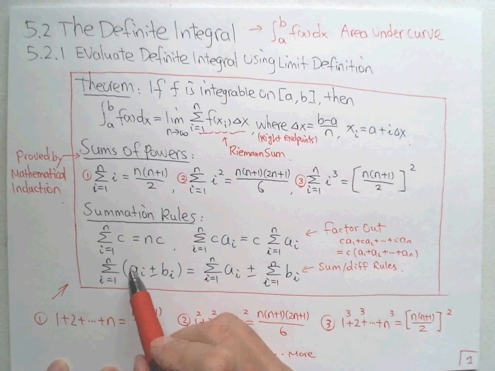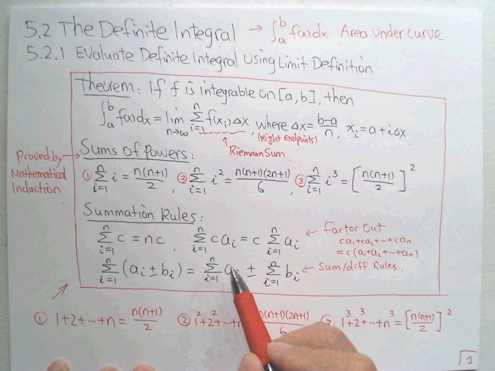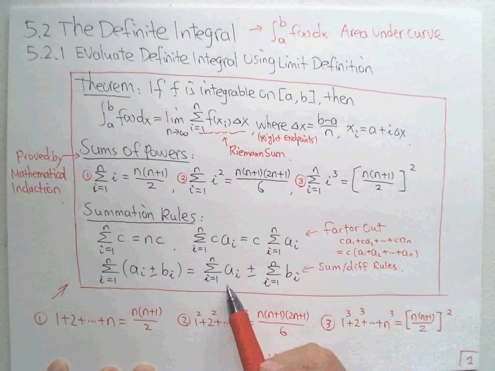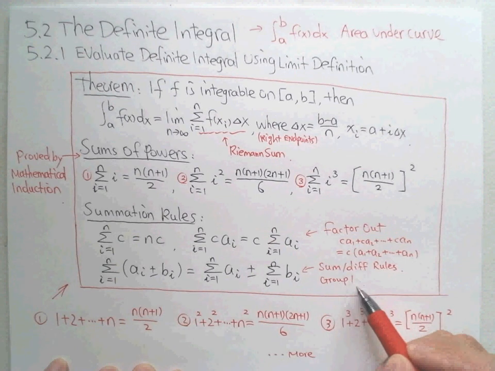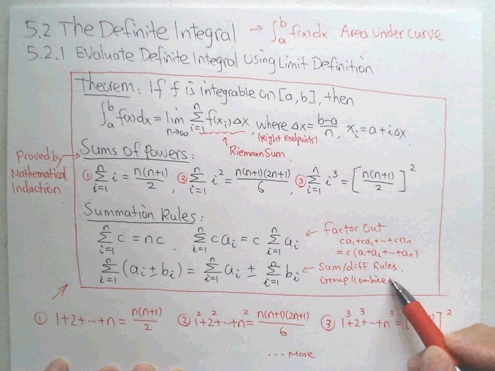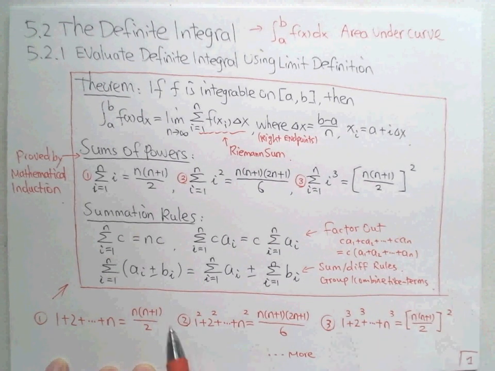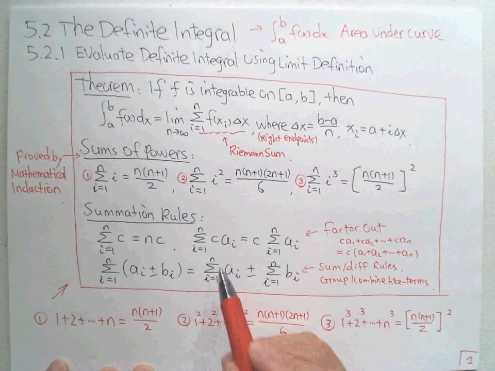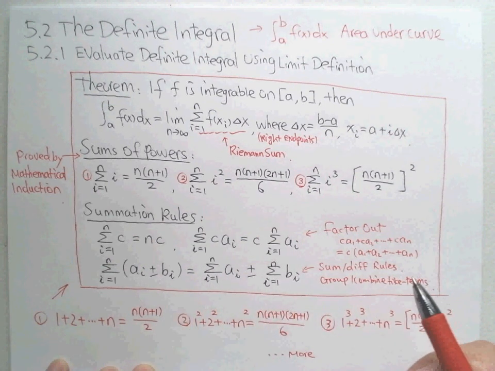The first term is a1 plus b1, the second is a2 plus b2. All the terms we can group, or combine like terms. You can put all a together as the summation of a, and all b together as the summation of b. It means separate.